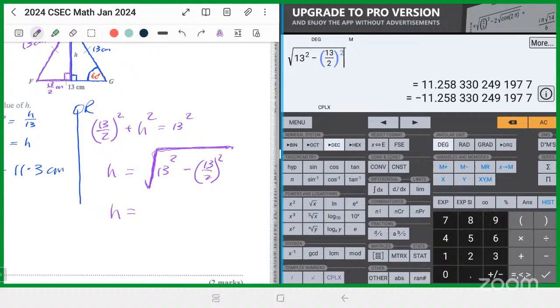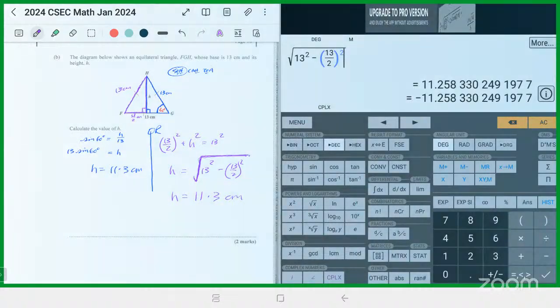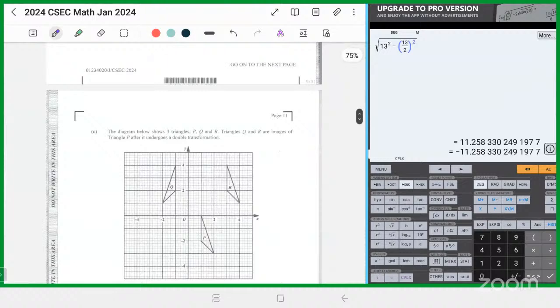Round it up to 11.3 centimeters. So that's 2 ways, and yet there's still maybe 3, 4 other ways you could have done this question. All right, everybody good at that? That's the beauty about trig. Yes, sir. Beautiful. I think that was it on this paper.